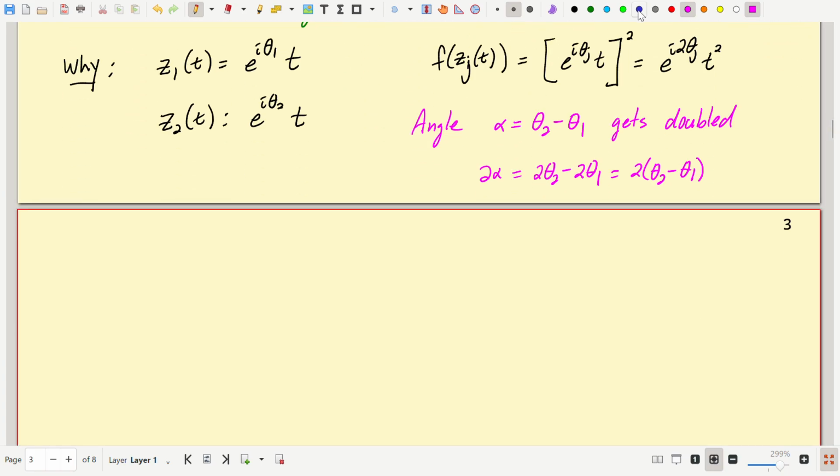And so it opens like a fan. So if I have an angle alpha here, zero, T1, T2, and then z squared would open that like a fan and double it.